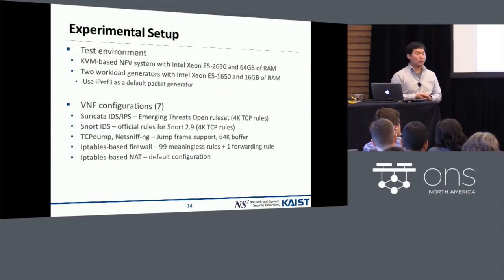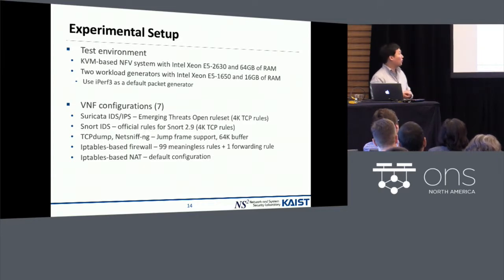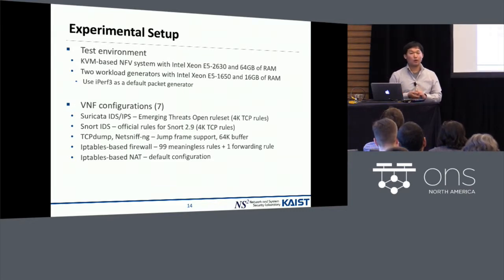To show the effectiveness of our system, we built an NFV system with 7 open source VNFs. And now I'd like to introduce 3 performance issues, and you can also find some other issues in our paper.